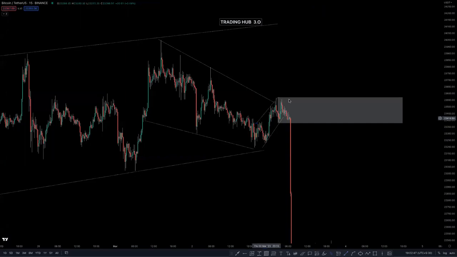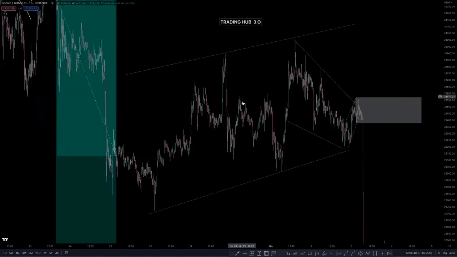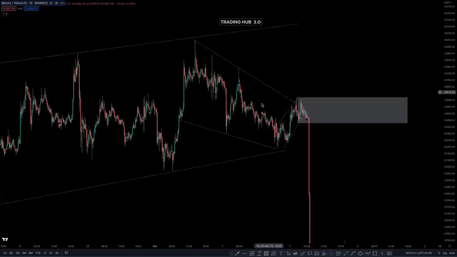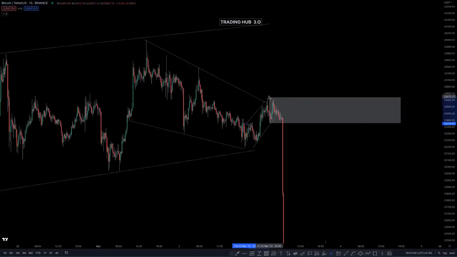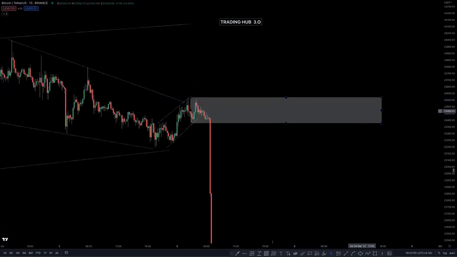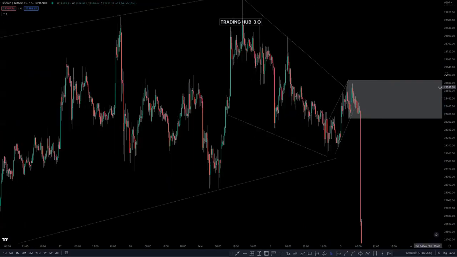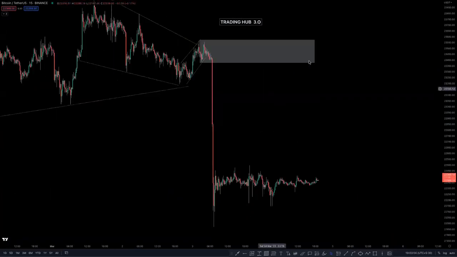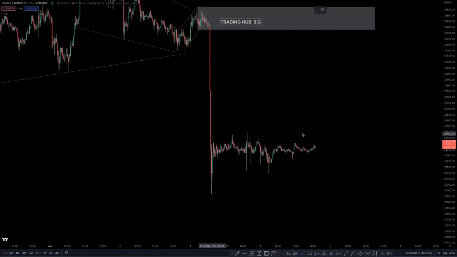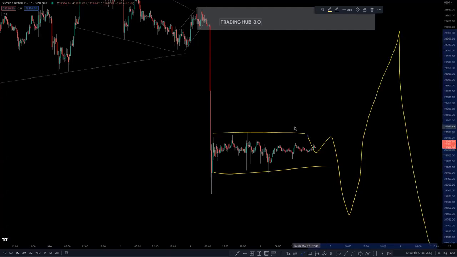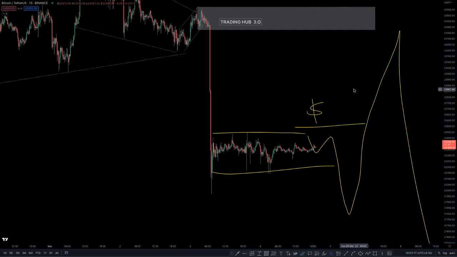Right. This is also a pattern, but in terms of SMC, this one is also an indication of a liquidity grab. But in terms of the structure, this is also an indication that the market is actually looking for the downside, right? It means this is a zone where we can expect the market to push downside, right? Like this, and goes higher and pushes downside, because this high acts like a liquidity, right?